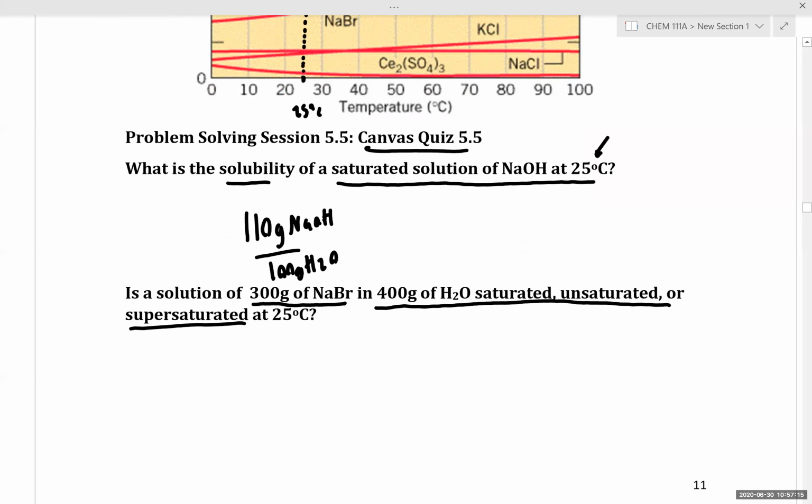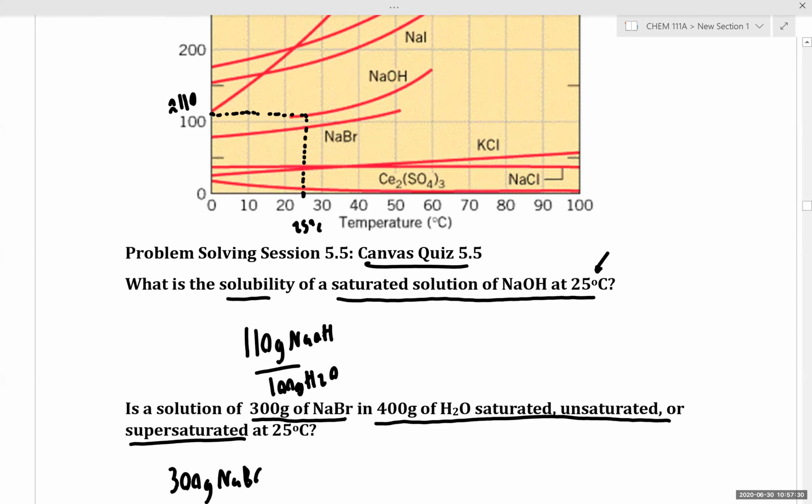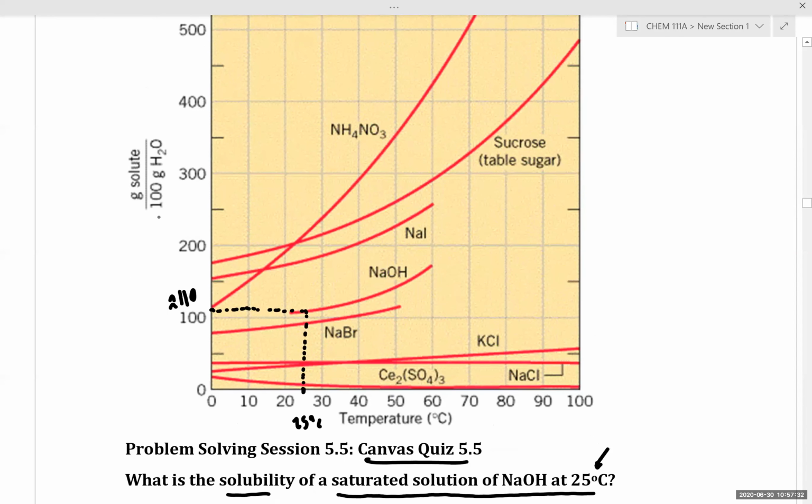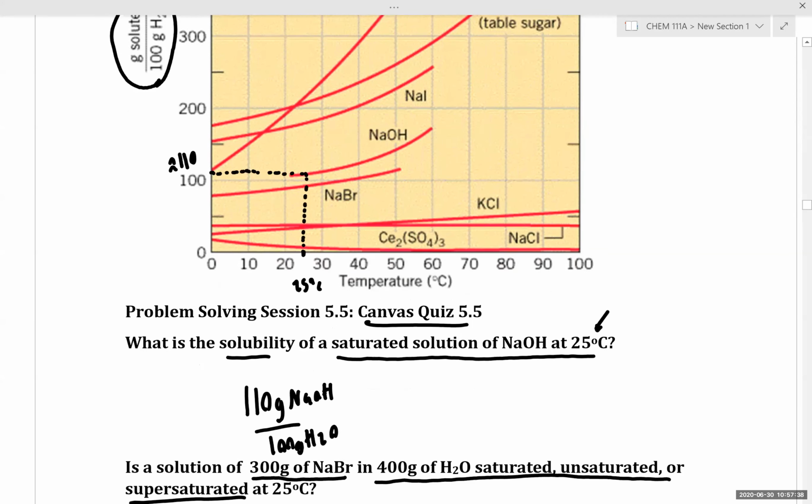We have a solution of 300 grams of sodium bromide in 400 grams of water, okay? But again, we need to be very attentive of the fact that our solubility curve graph is in terms of grams of solute per 100 grams of water.